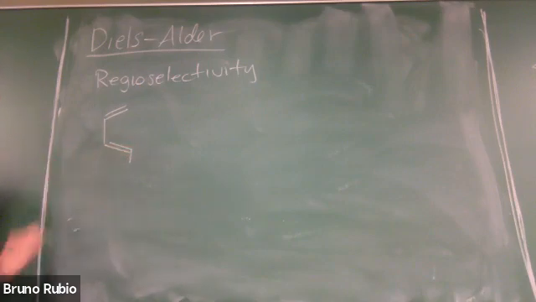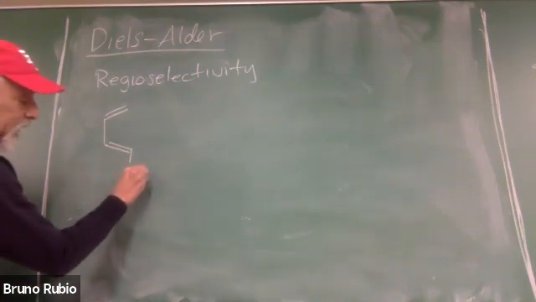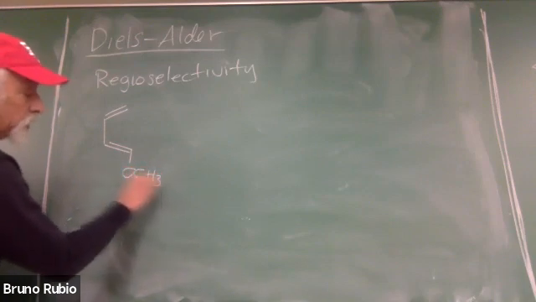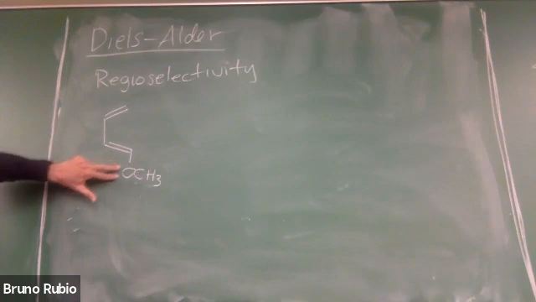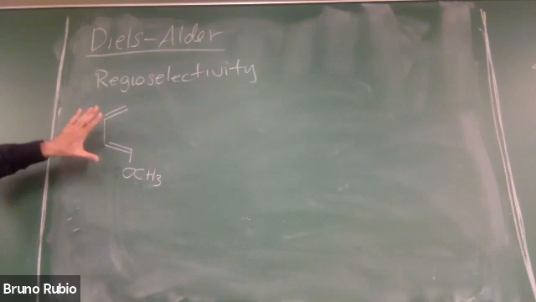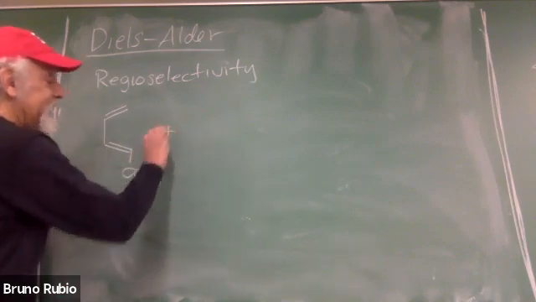One of the electron donating groups that we talked about would be, for example, the methoxy group. This is electron donating. This oxygen has an unshared pair of electrons. It can kick them into the diene by resonance. Okay, now let's look at the dienophile.